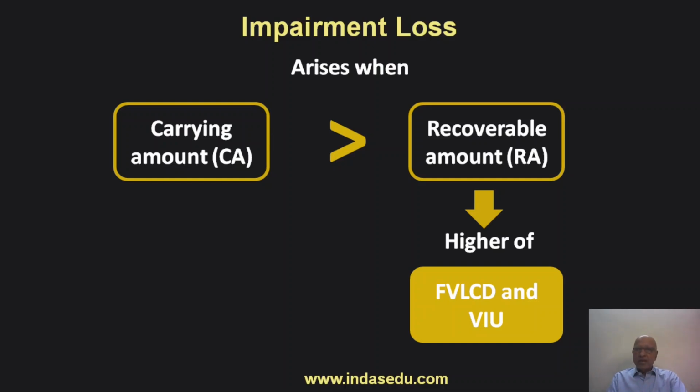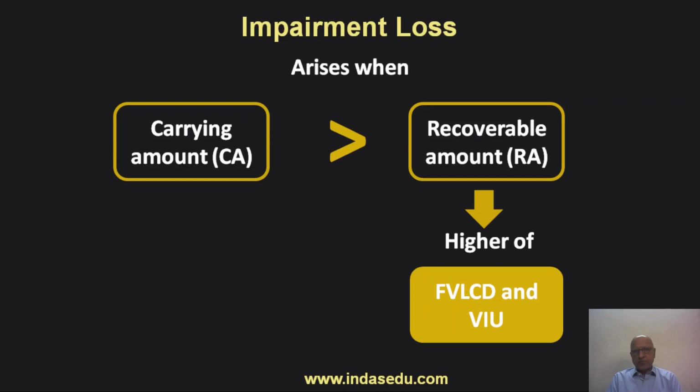Example, it can be transport cost, it can be legal expenses, but it will not include finance cost and income tax expenses. So impairment loss will arise only when the carrying amount will exceed the recoverable amount. The recoverable amount is the higher of fair value less cost of disposal and value in use.